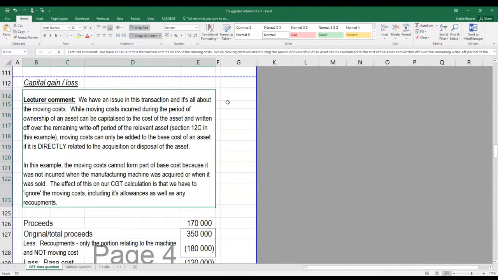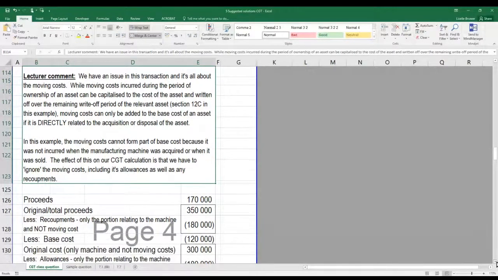The issue in this particular example is the moving cost was not incurred at acquisition or disposal. It was incurred during the period of ownership. So for the CGT calculation, when we calculate base cost, we will only base it on the original asset. But the problem comes in then that you are going to have to do apportionments, right?